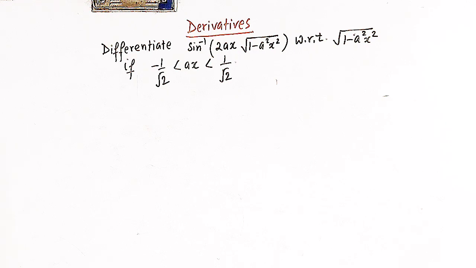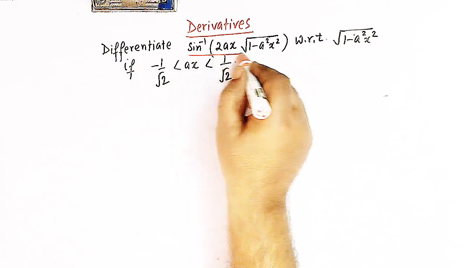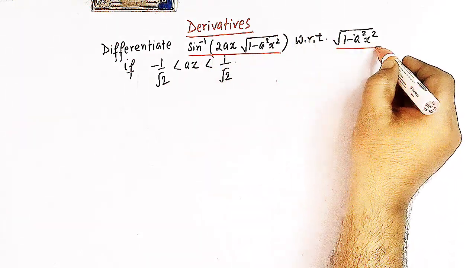So this problem belongs to the category of finding the derivative of one function with respect to another. Here we have to find the derivative of this function with respect to this one.